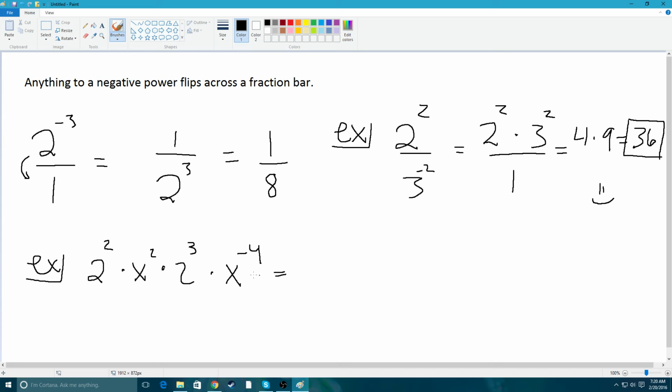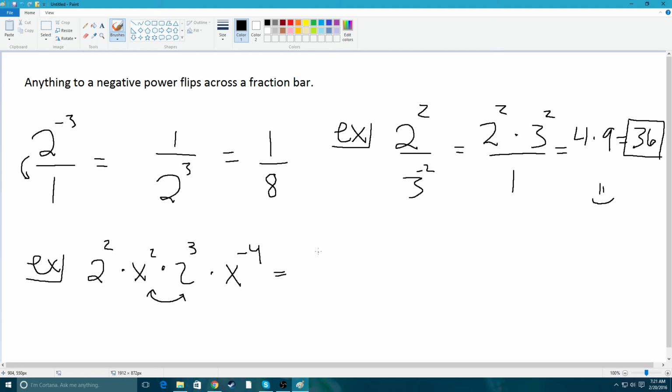Okay. What we can do, because when we multiply, it's a commutative property, meaning you can switch things around. Doesn't matter which order you multiply things in, you still get the same answer. It does matter which order you divide in, but which order you multiply in doesn't matter. So we're going to use that property to switch these.